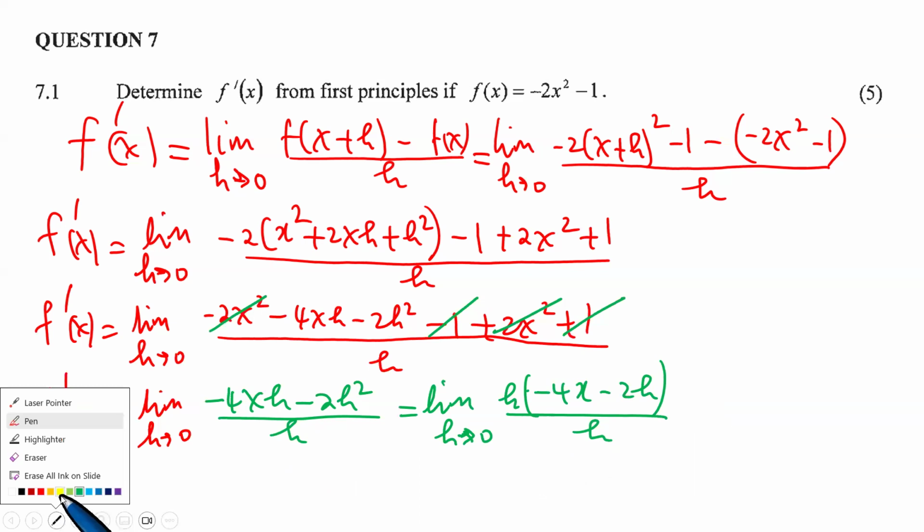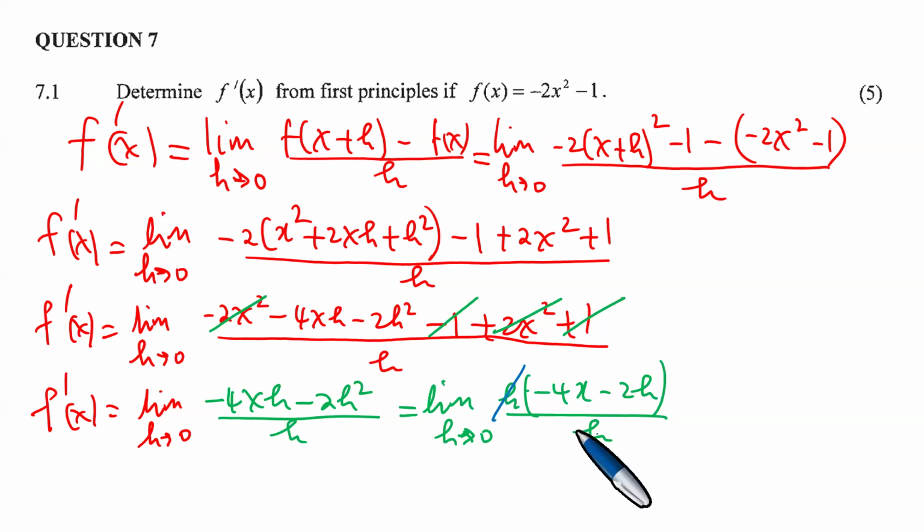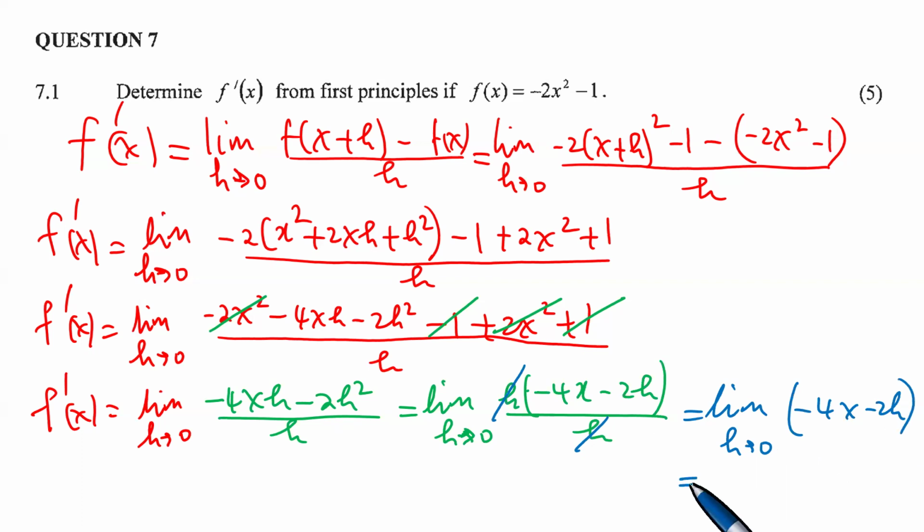And upon careful examination, we're able to cancel out the h and the h, and we have the limit as h tends to 0 of minus 4x minus 2h. At this point, what do we get? We have minus 4x minus 2 times 0, which is minus 4x.